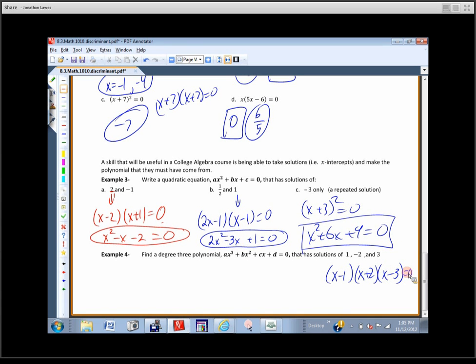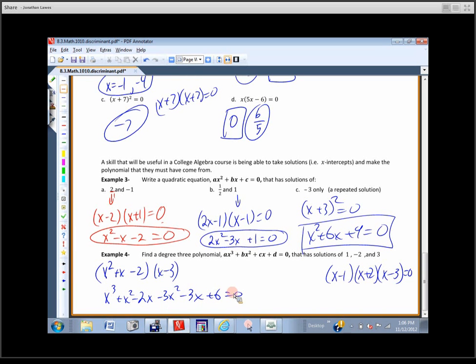Am I done? No, but it's pretty easy from here on out. I just multiply those together. So that would be x squared plus x minus 2 for the first two. And then I need to multiply that by x minus 3. You can finish it from there, right? X cubed, x squared, minus 2x, minus 3x squared, minus 3x plus 6.